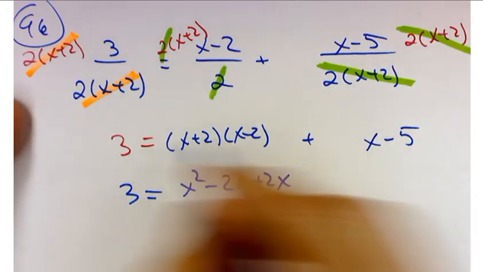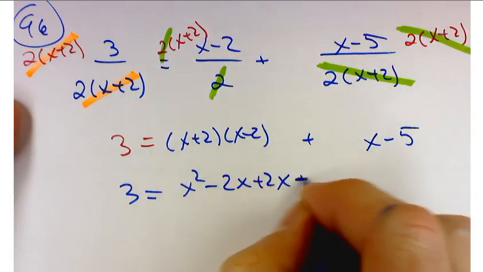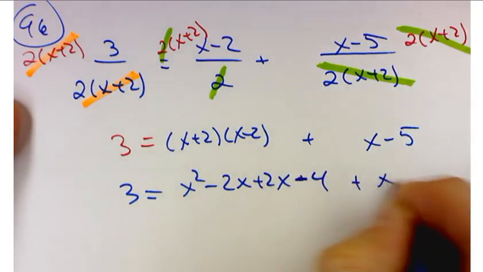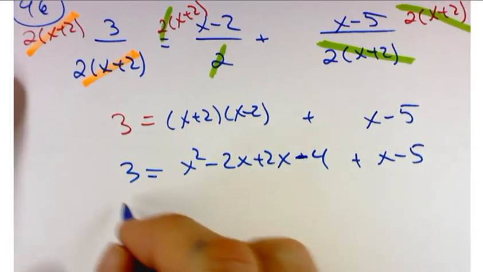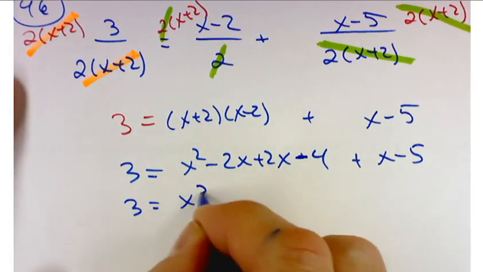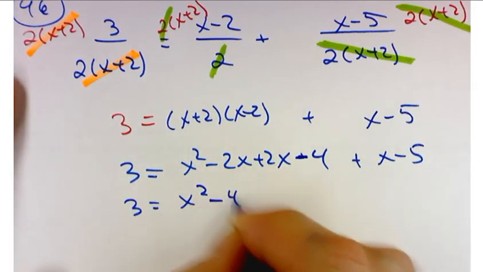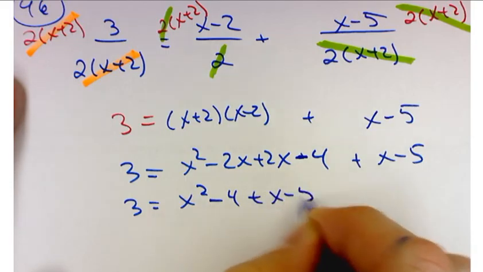Let's FOIL those out. I'm left with 3 equals x squared minus 4 plus x minus 5.